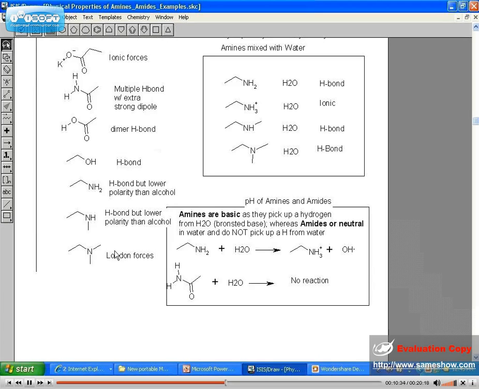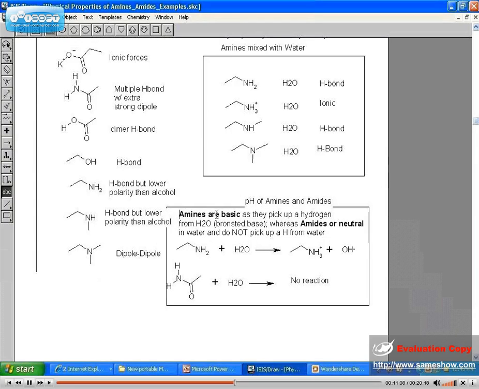This one actually should be, as a pure substance, dipole-dipole. I did change that earlier, so I think Blackboard might be reverting to an older copy. So if you already downloaded this, please change it to dipole-dipole.